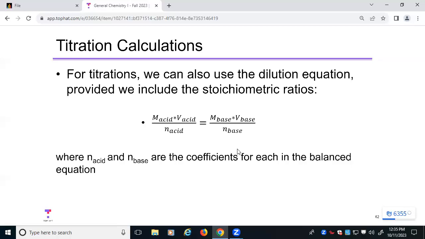And it works because it takes into consideration all of the calculations that you would have had to do along the way.